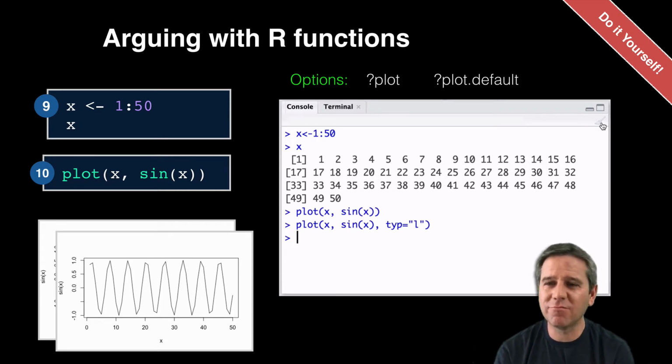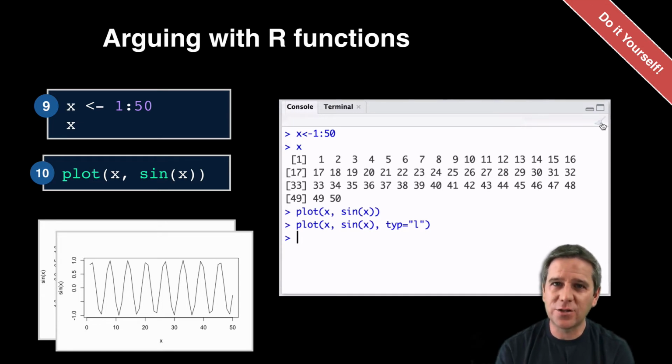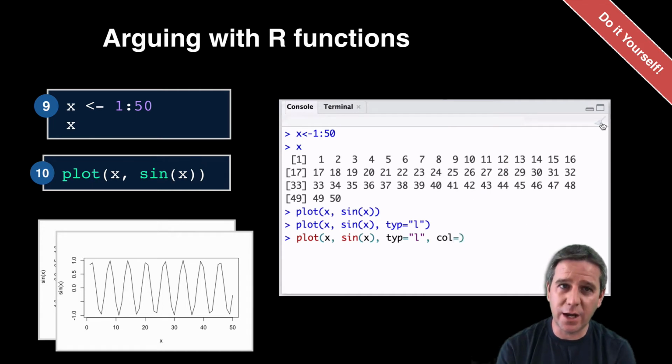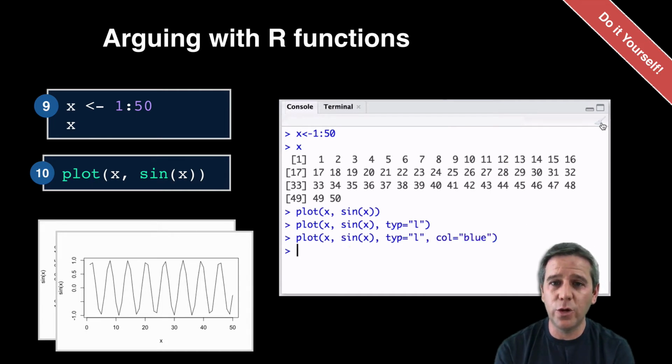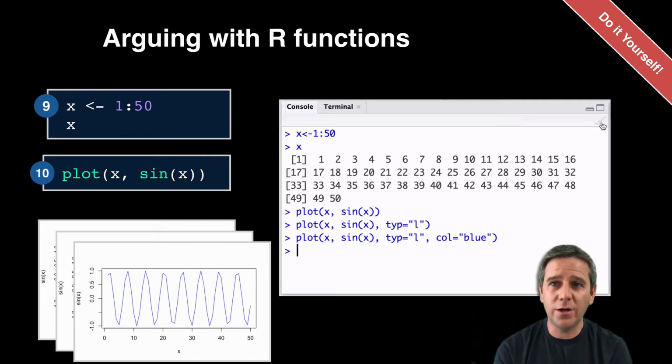Now, this is not that exciting yet. Maybe I don't like the colors. I'm going to change and argue with it again. I'm going to re-execute this by pushing the up arrow to recall my last command here. And then I'm going to delete back and add another argument. So comma, the next argument, col equals blue inside quotes, push return, and I get a blue plot in this case.